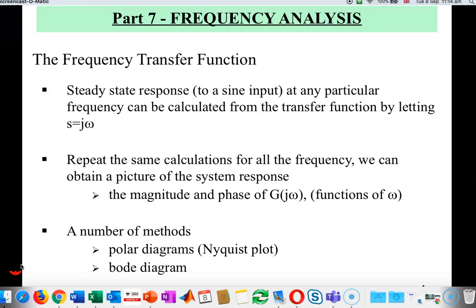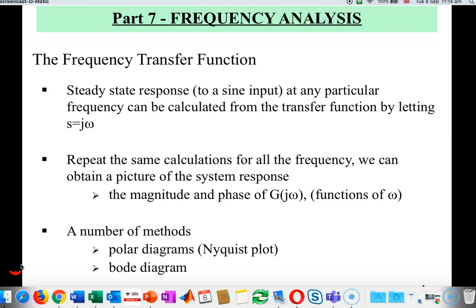That's the first part of this discussion. The second part is we're going to look at the behavior of a system to different frequencies and try to construct some frequency response diagrams that are commonly used by control engineers to help design controllers. So this discussion serves two purposes.